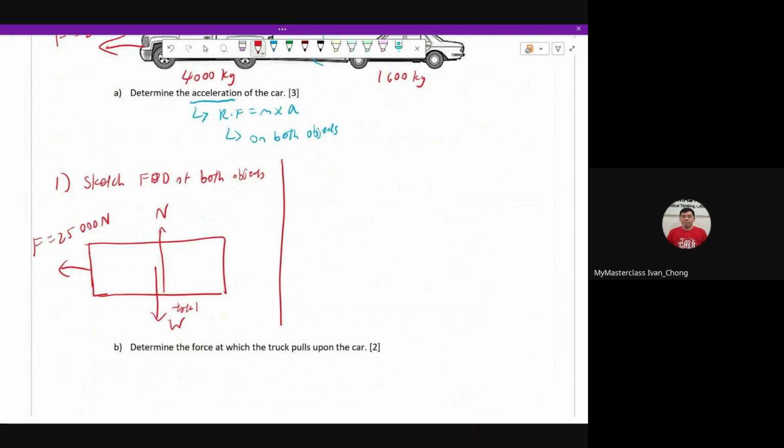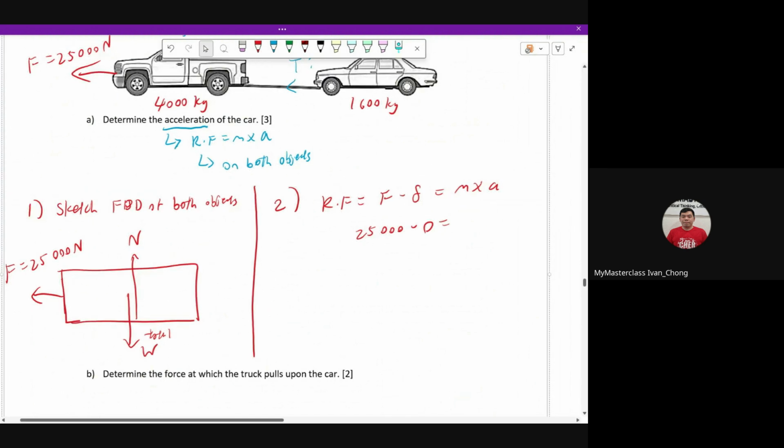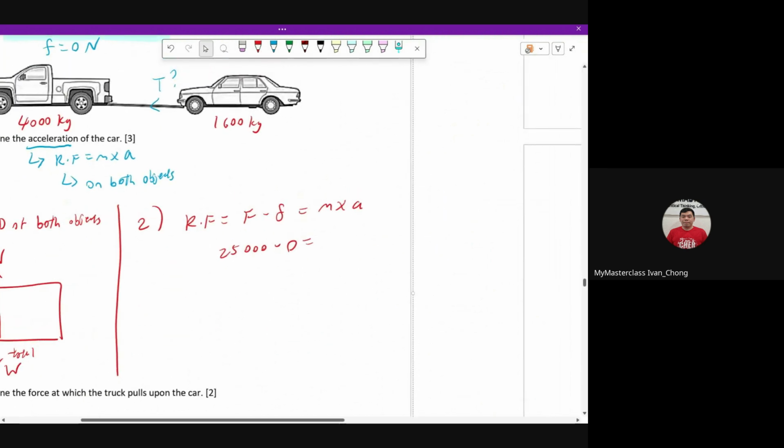All right, so second step, number 2, we just write your equation now. Big F, small f, equals m times a. So put in the numbers. You have 25,000 minus 0. What's your m? Now take note, because we're using a free body diagram of both objects, we're going to use the combined mass, which is 4,000 plus 1600 times a.